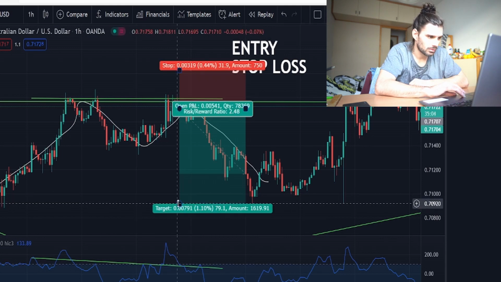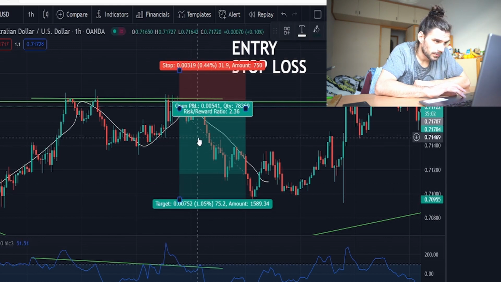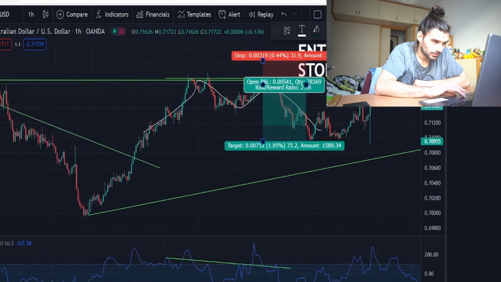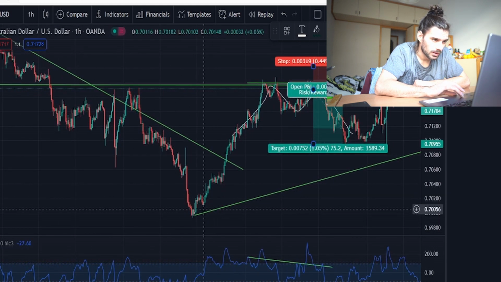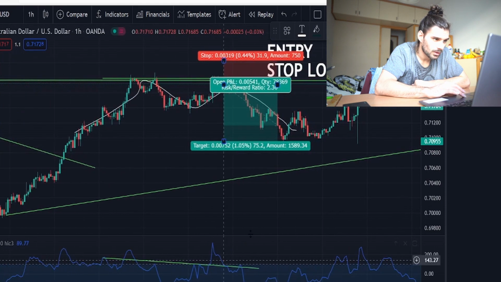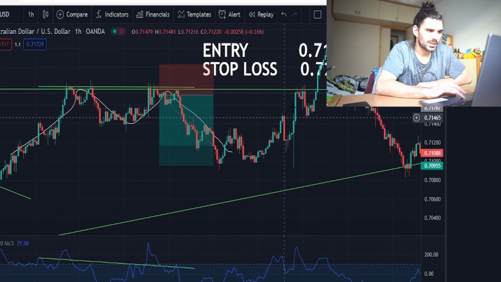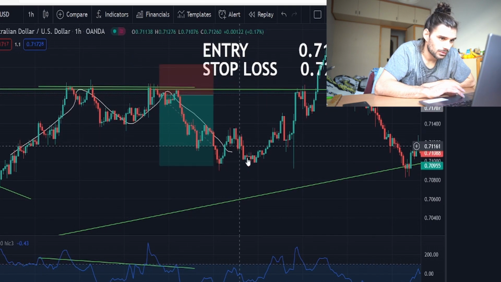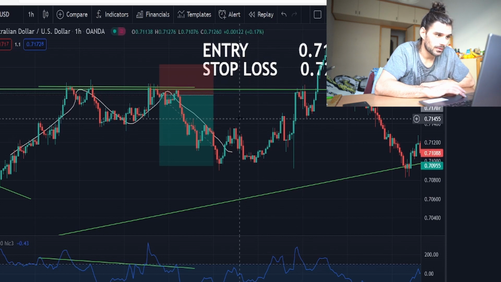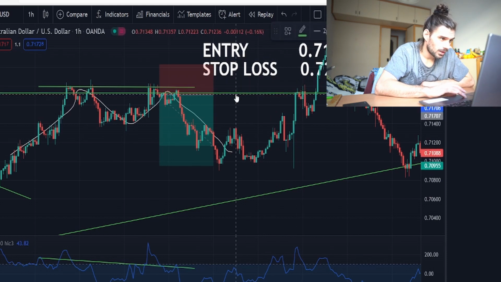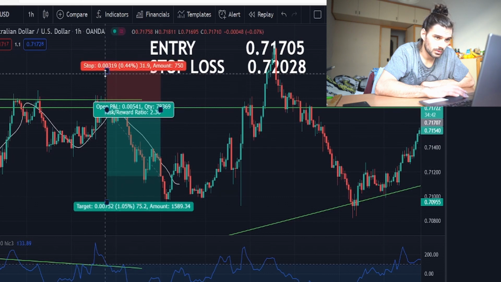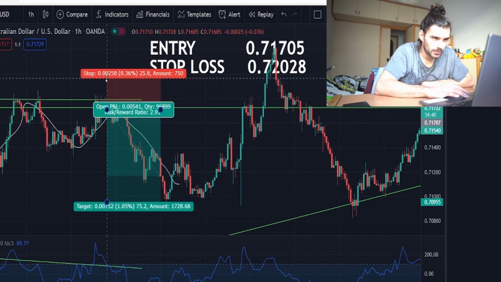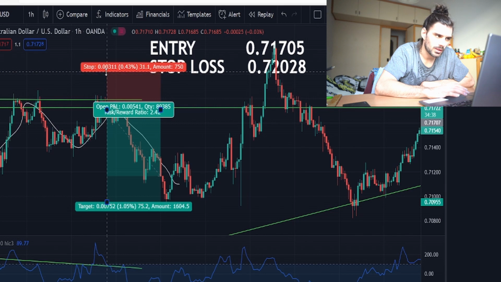And so we started to go lower, and I thought we could go to this low again, or maybe even lower. And then we started to turn around, which could happen. So the thing that happened after that is I didn't move my stop loss to break even, which maybe I could have done, maybe not.